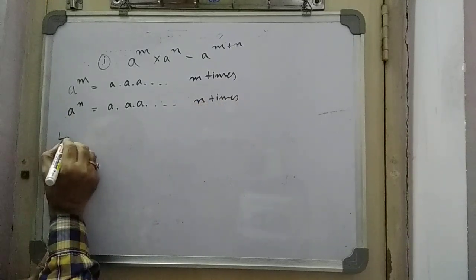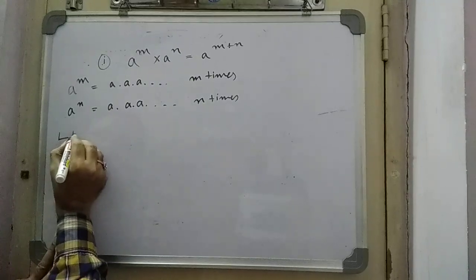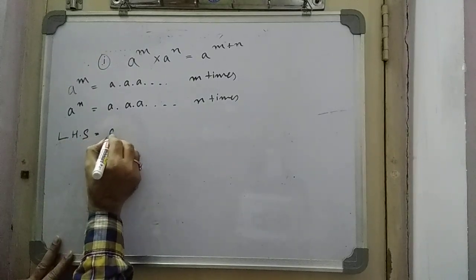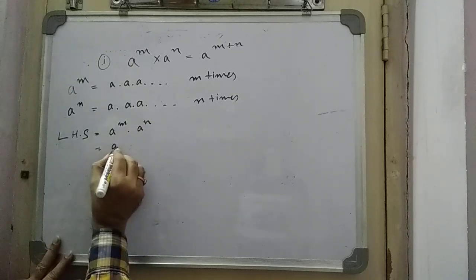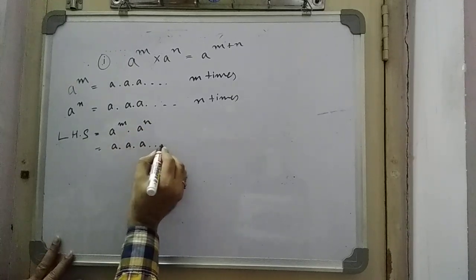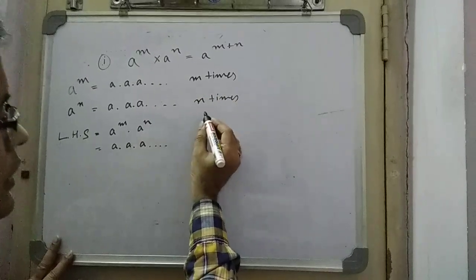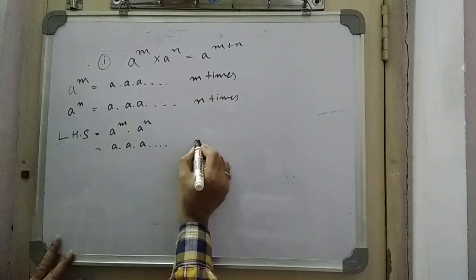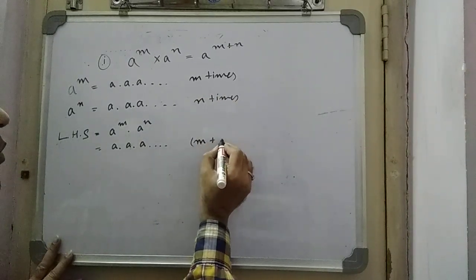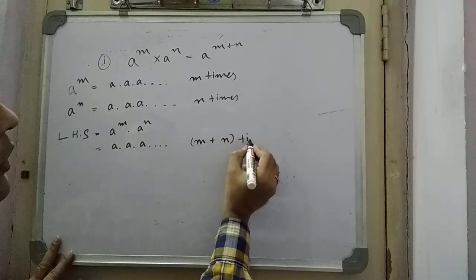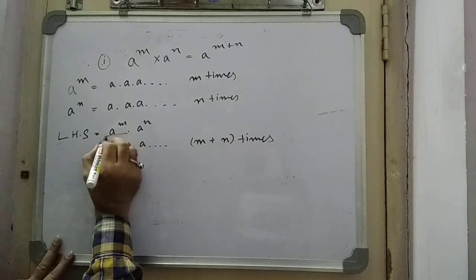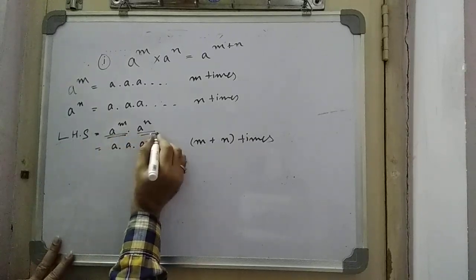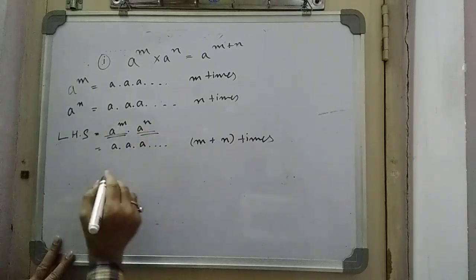So together, the left hand side becomes a multiplied m times and another n times, so we are actually multiplying a this many times. Here m times, here n times multiplied. So total m plus n times.